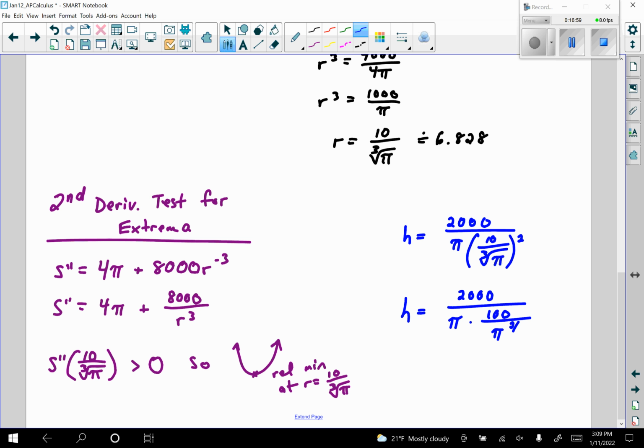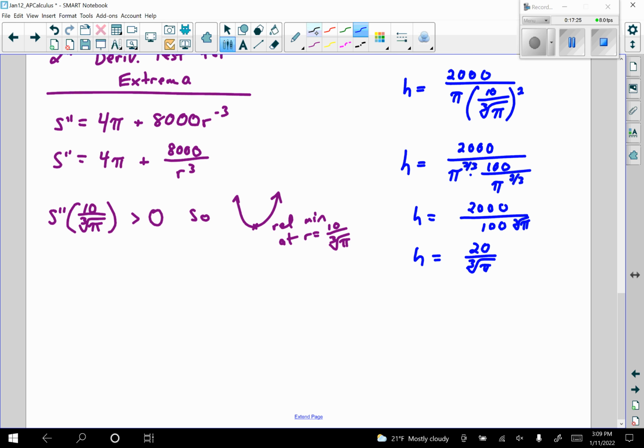Index goes on the bottom. And we could think of this as pi to the 3/3. So now we're going to get 2,000 over 100, and this will just give us pi to the 1/3. So we'll just have the cube root of pi here. And we divide 2,000 by 100, so we'll get 20. So h is going to equal 20 over the cube root of pi.